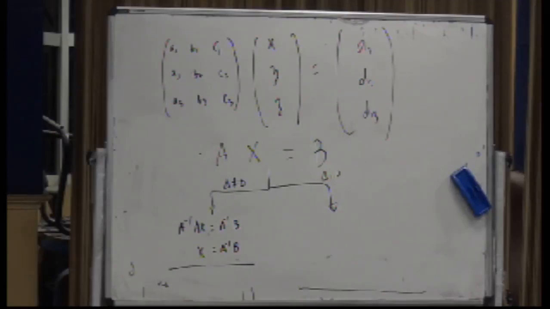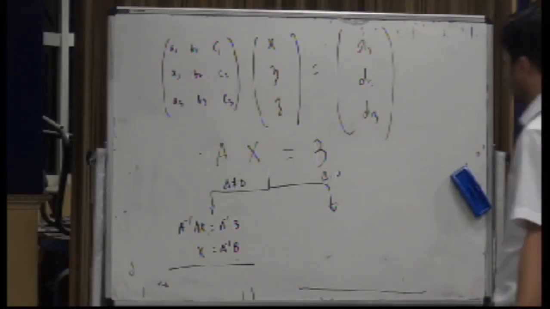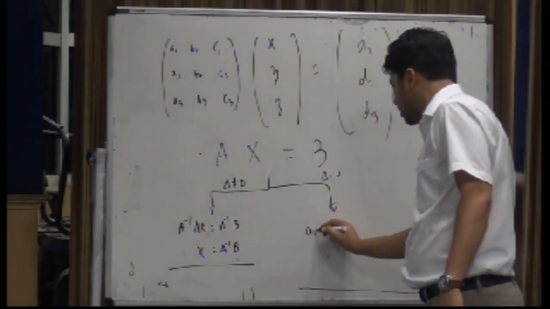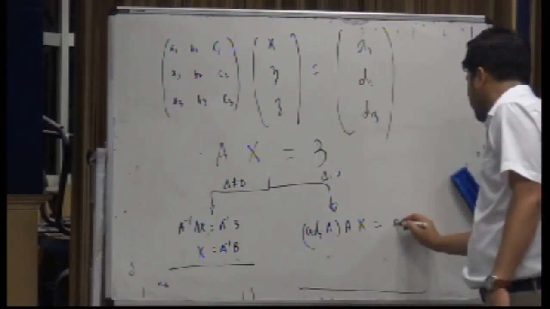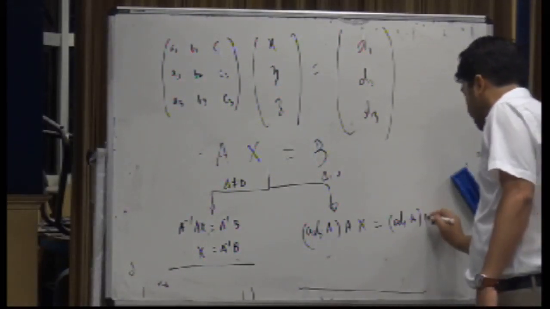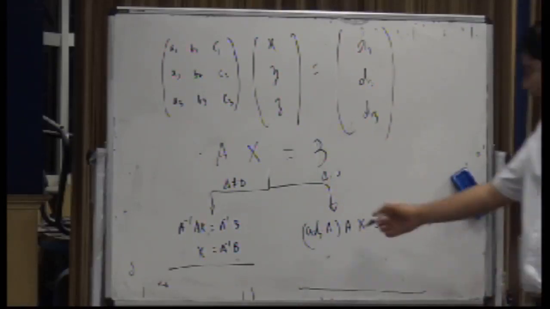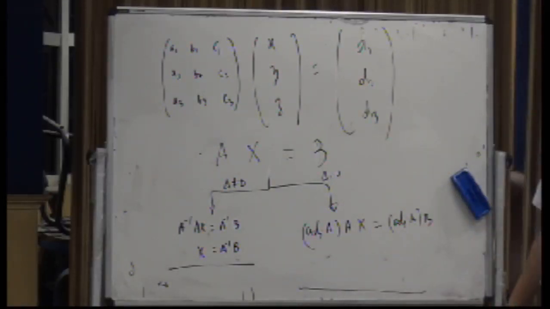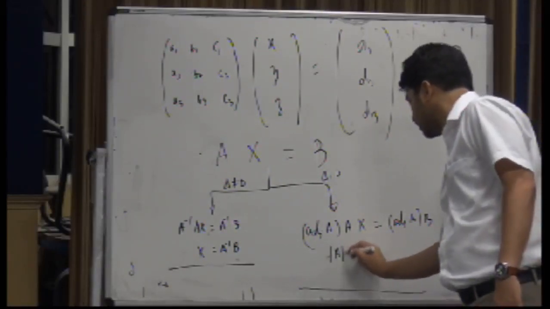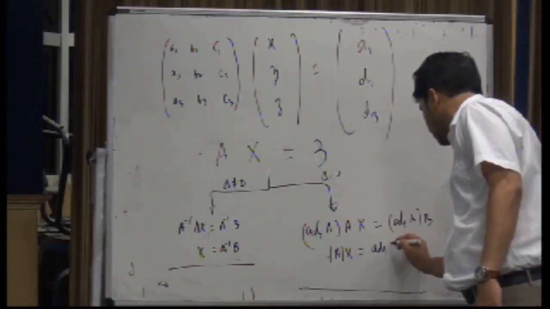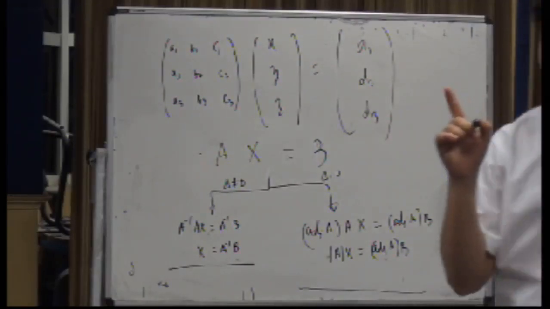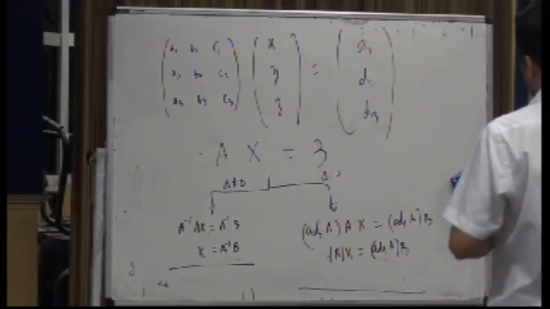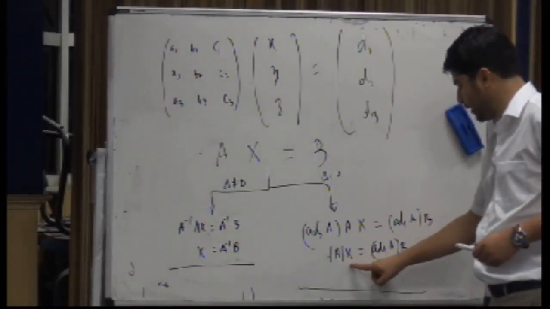So what you are going to get is adjoint of A into AX is equal to adjoint of A into B, and adjoint of A into A results in delta A I. Now you know that delta is 0, so this is 0 into X into something.